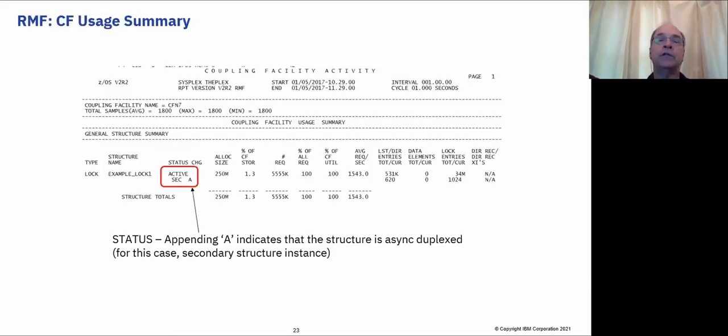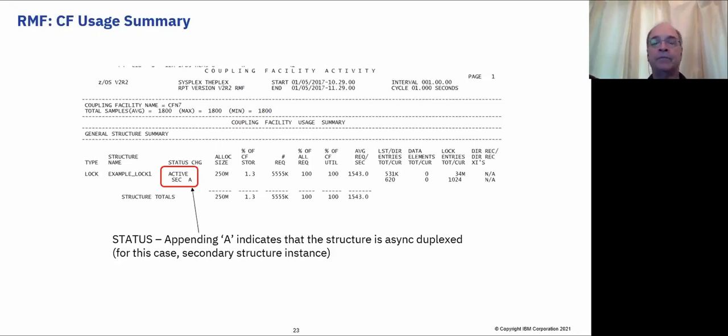There are a few changes with async system managed duplexing. If we look at the coupling facility usage summary, which is part of the RMF coupling facility activity report, we're going to see that in the structure summary or the usage summary, we're going to indicate that this structure is the secondary structure, and the A means that it's in an async relationship.